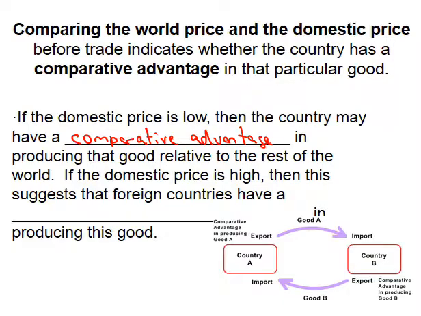If the domestic price is high, then this suggests that foreign countries have a comparative advantage in producing this good. And we can see that captured in the diagram to the right.